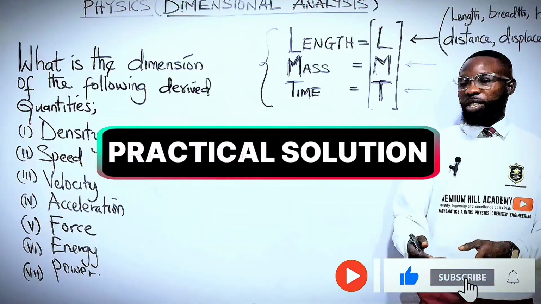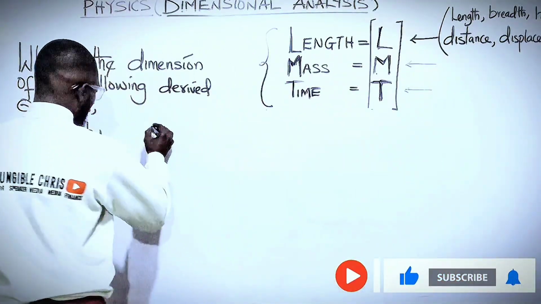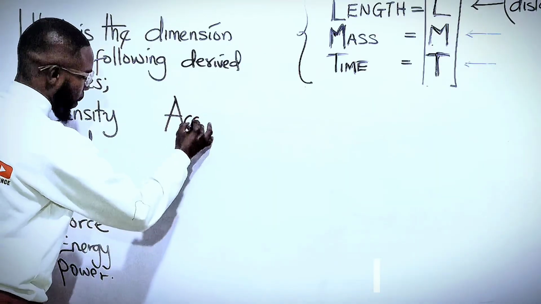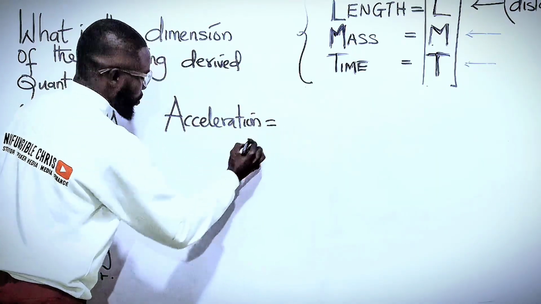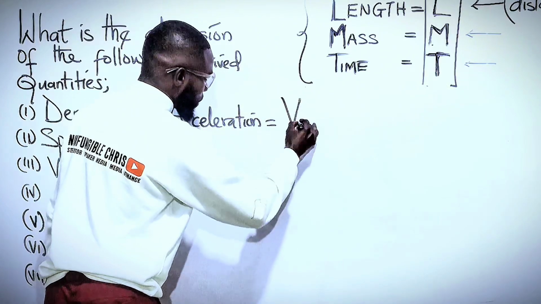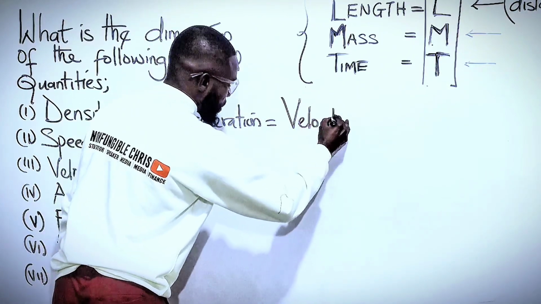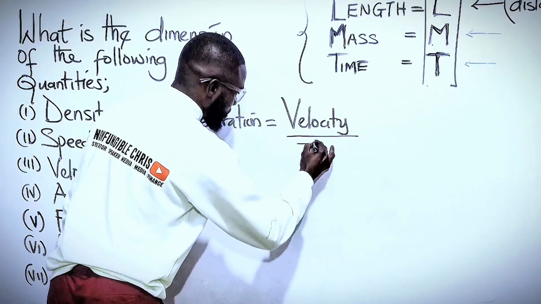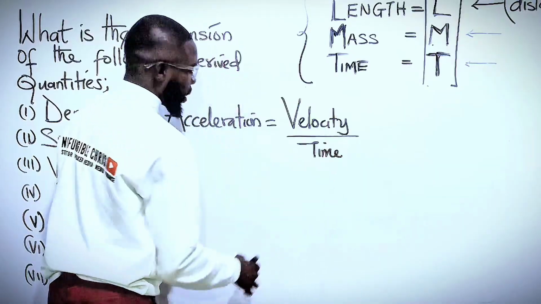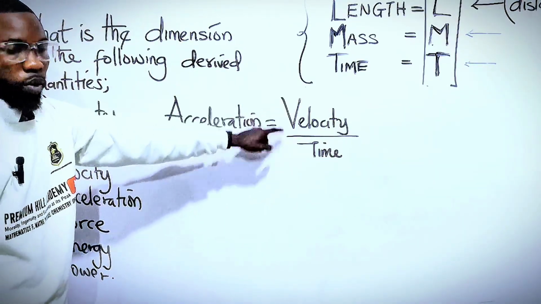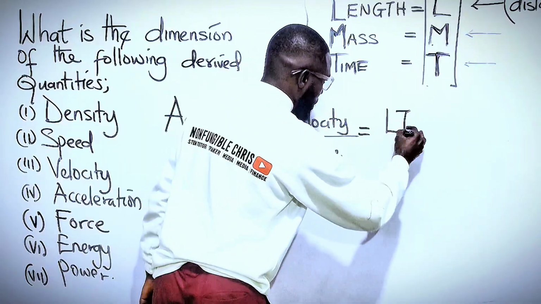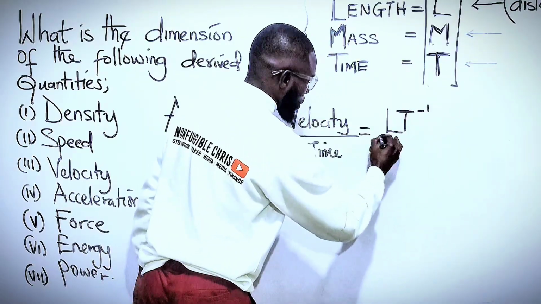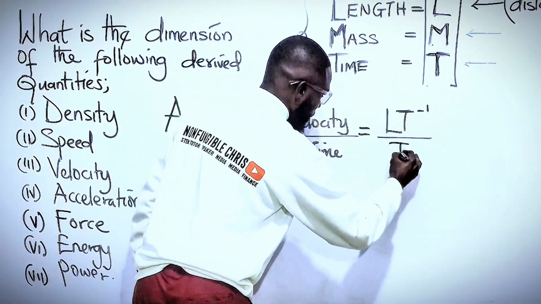That's the simple answer for acceleration. And so if we solve for acceleration, acceleration gives us what? Velocity over time. That's the expression, right? But we've already gotten the dimension for velocity as what? As LT raised to the power of minus 1 over the time here, t.